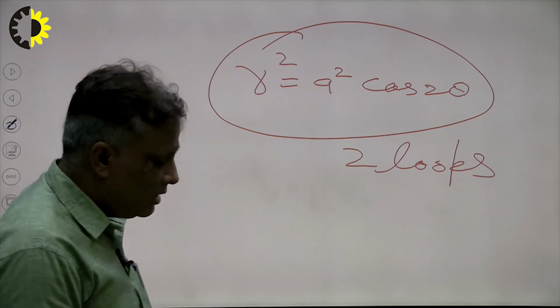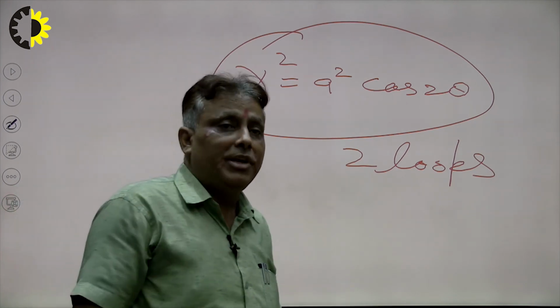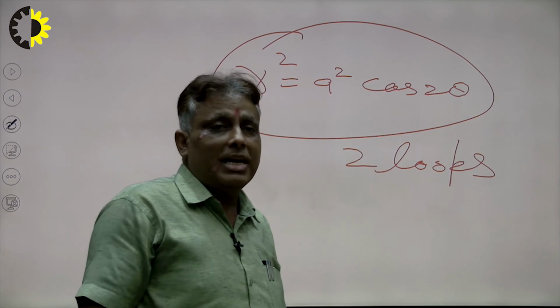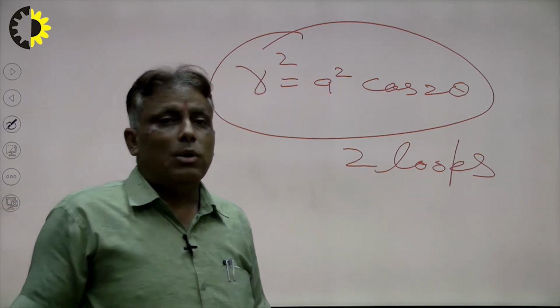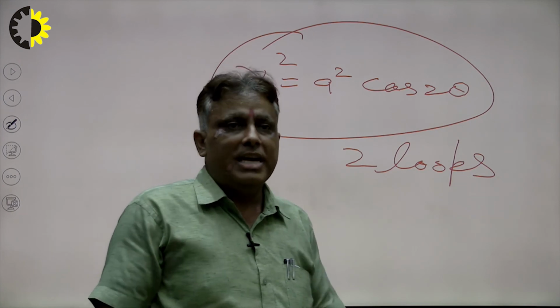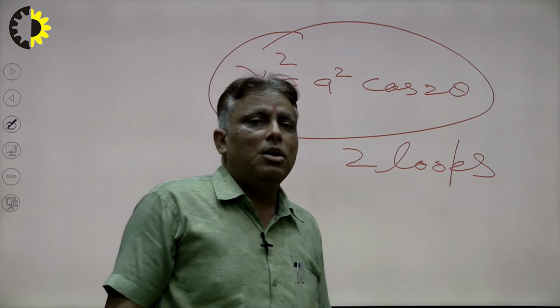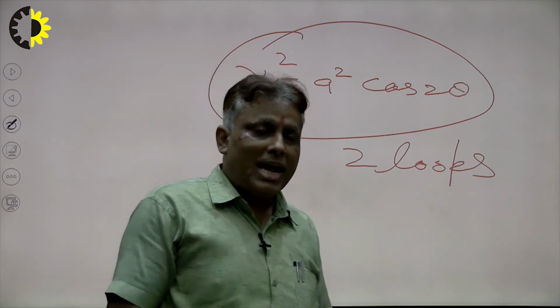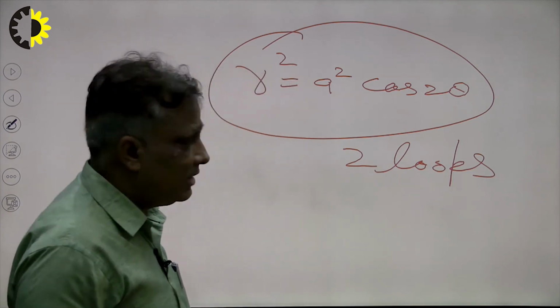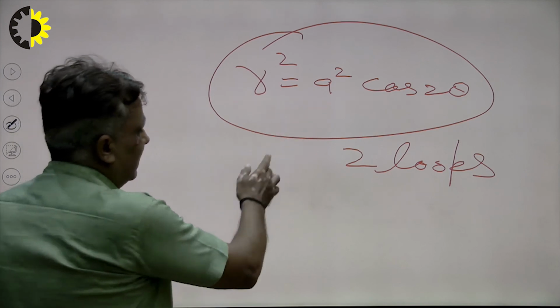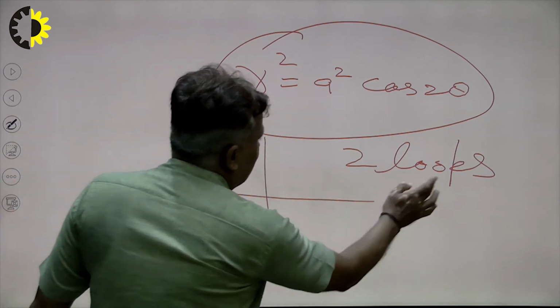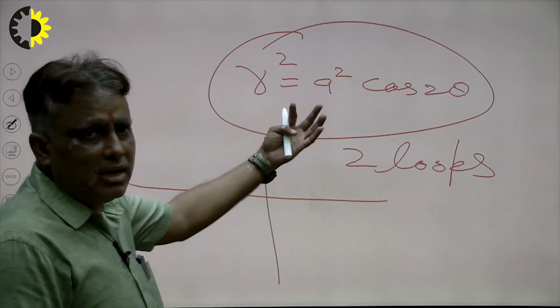Because why is it needed? When we go to the third unit, a question arises of how to calculate the area, the volume, and the length of the curve. In this case we have no idea how to calculate. So first we draw the diagram and then calculate the area, right? Now the question is how to calculate the loops, that means there are two loops, and the given curve is symmetrical about the x-axis.